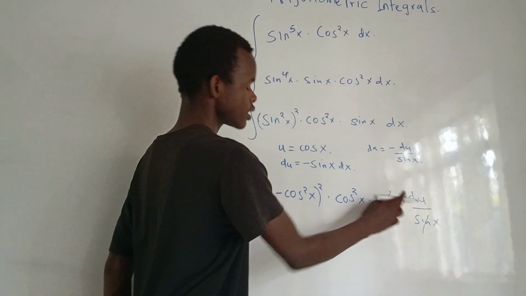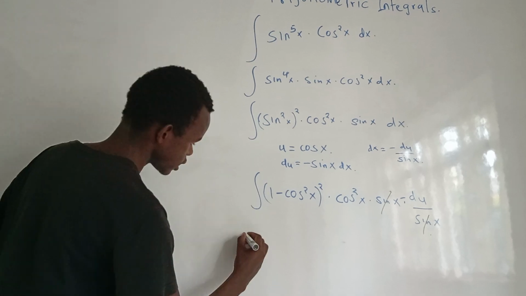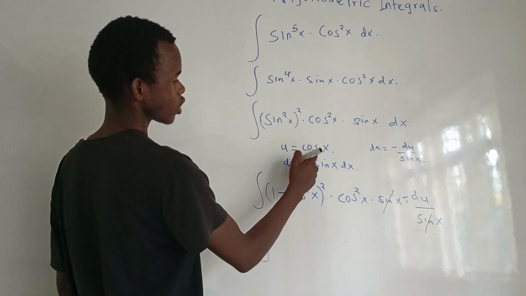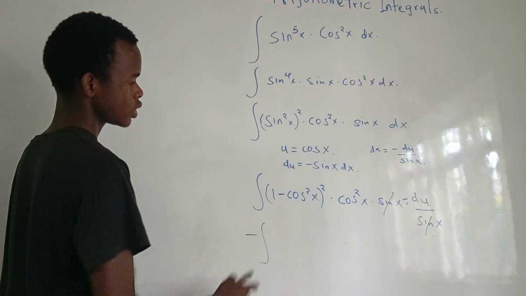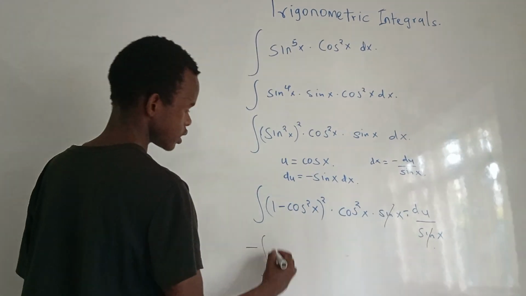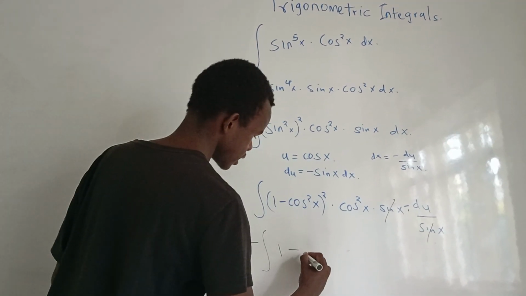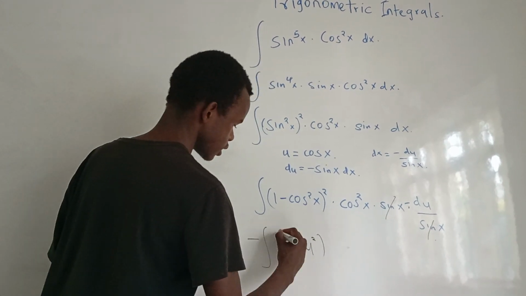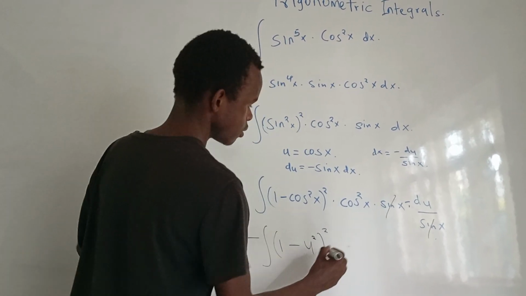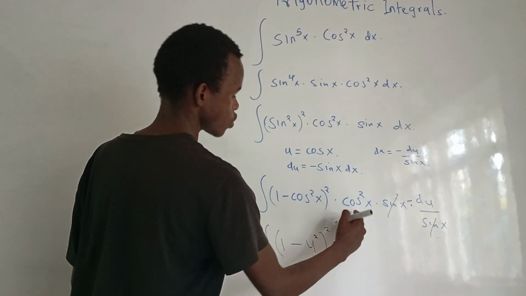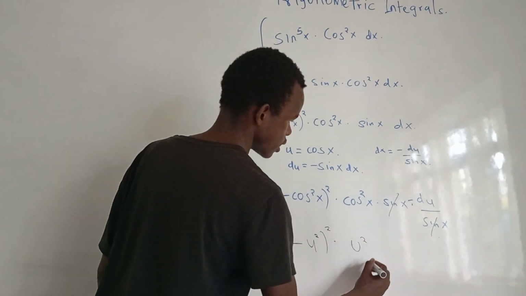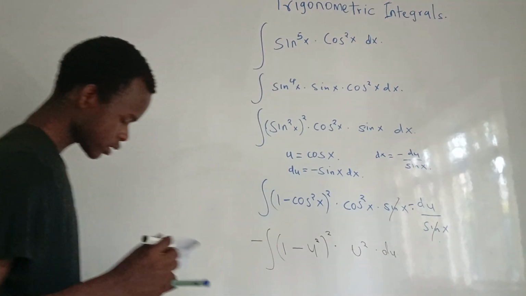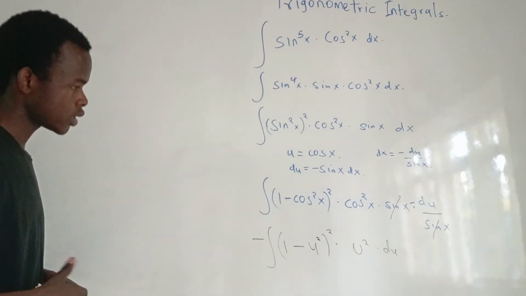The negative sign, get it outside the integral, so I'll get the negative integral of, we said our u to be cos of x, okay? So this cos becomes u, so it's just 1 minus u squared, okay? Then I square that, I multiply that with my u squared, multiplied by du, simple. That's how we handle that.